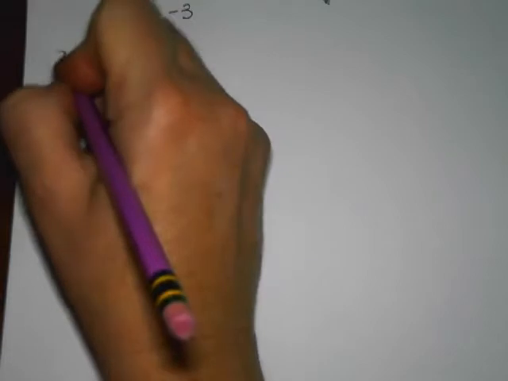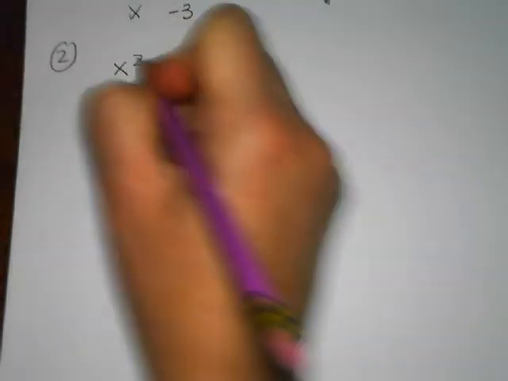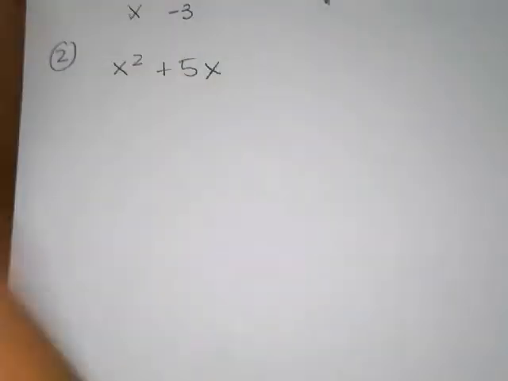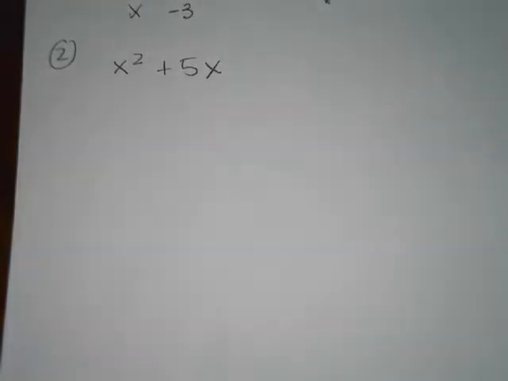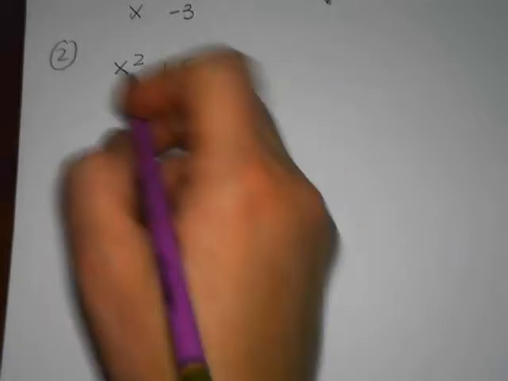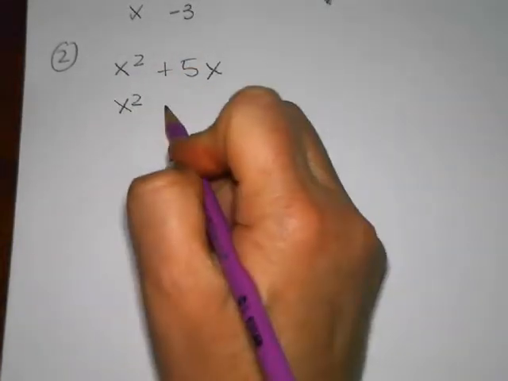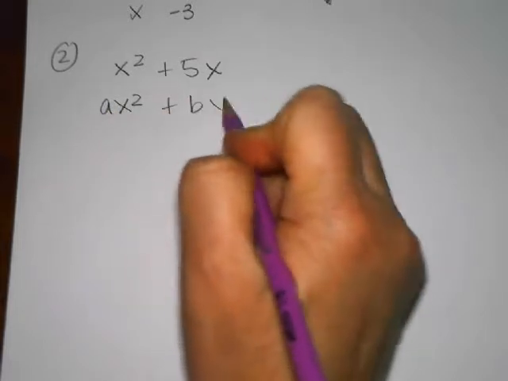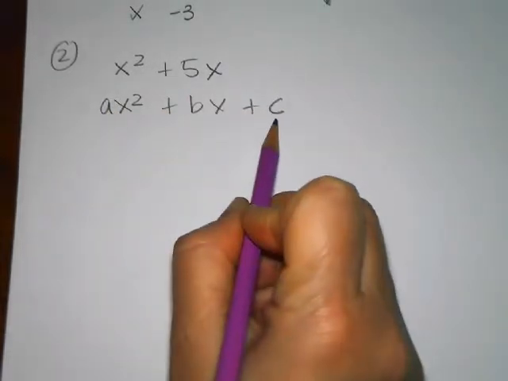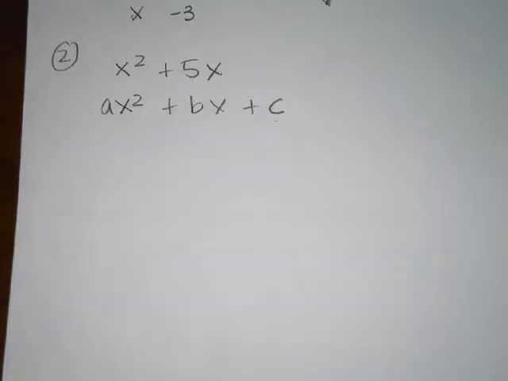Okay, let me look at the second question. So our second question says x squared plus 5x, which does not look like the other quadratics that we factored because it's missing the constant term. So we did this pretty quickly.